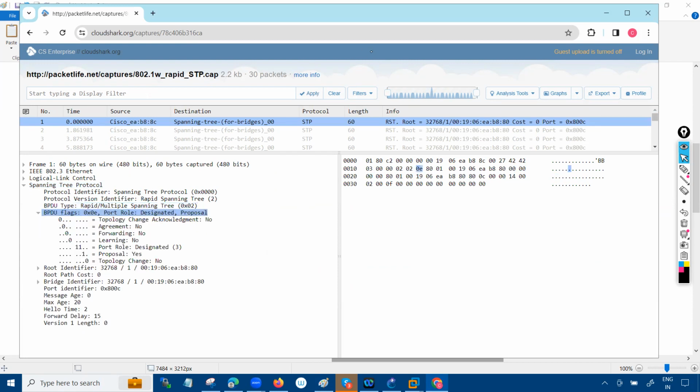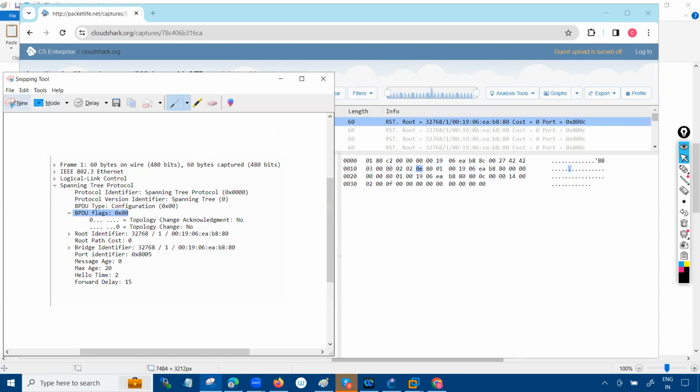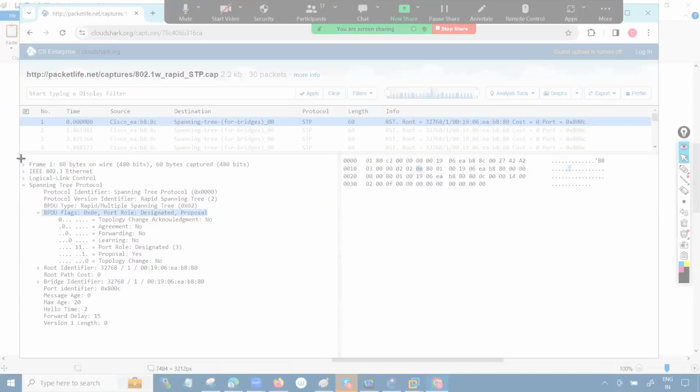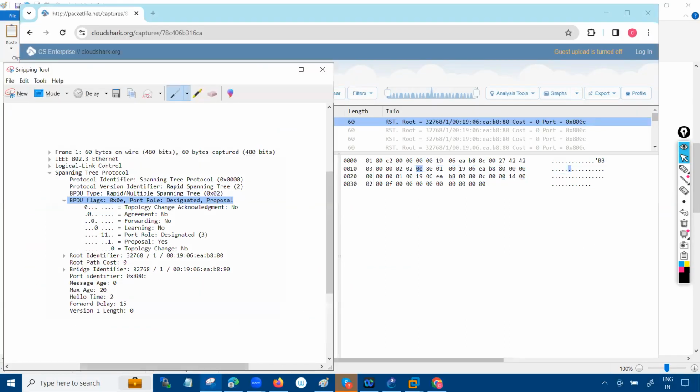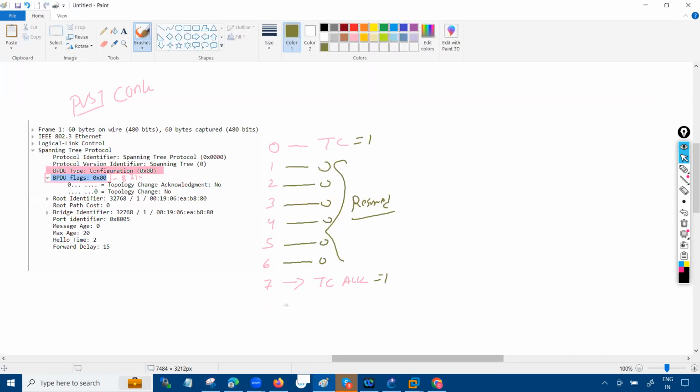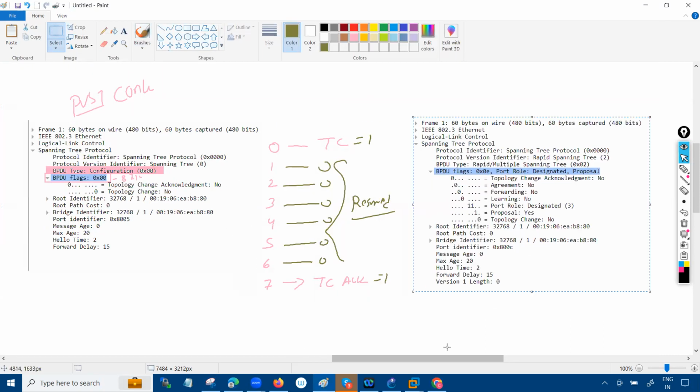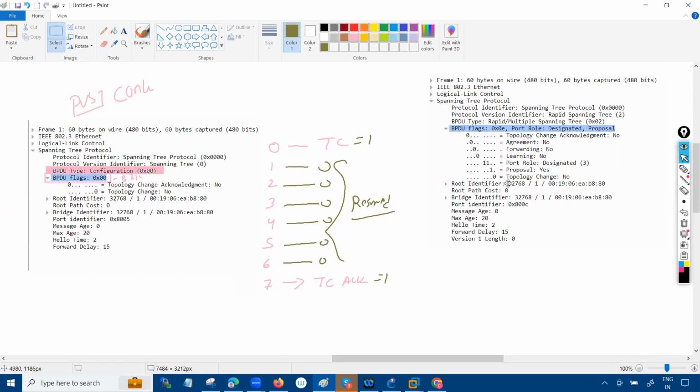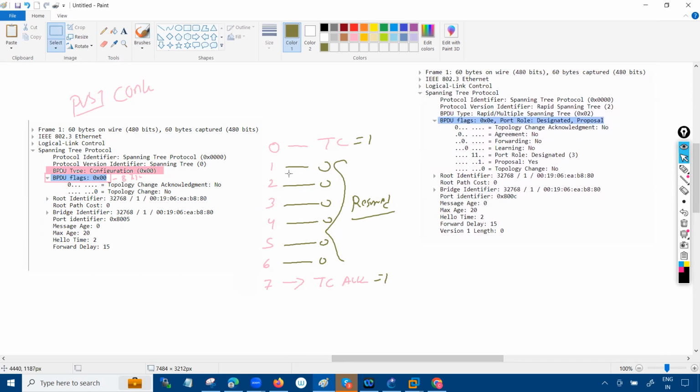Now if you see the BPDU flag, all of it is used. Can you see the difference now? Here the protocol is RPVST, then the BPDU type, and then we have the 8-bit flag.